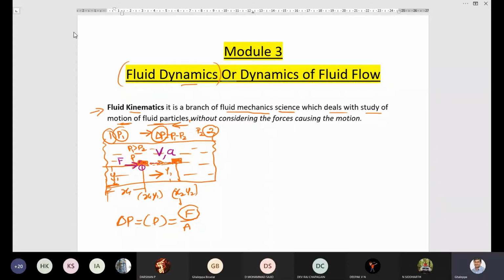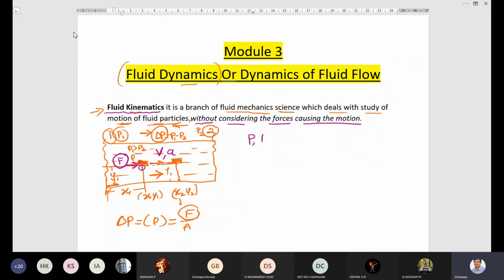In fluid kinematics, we are not considering the amount of force applied on the fluid particle. How much force we applied, we don't bother. That is the definition here: without considering the forces causing the motion. I don't know the value of force, I don't know the value of pressure.